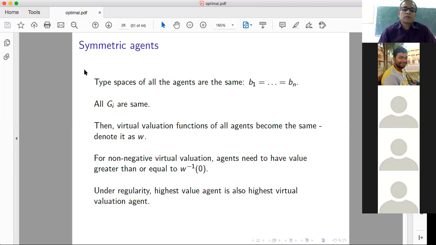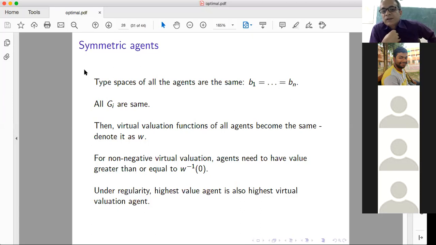Okay, so what I'm going to discuss today is basically two things. First, I'm going to focus exclusively on the symmetric agents case, and I'll give you some intuition about why the optimal auction in this case involves a reserve price.